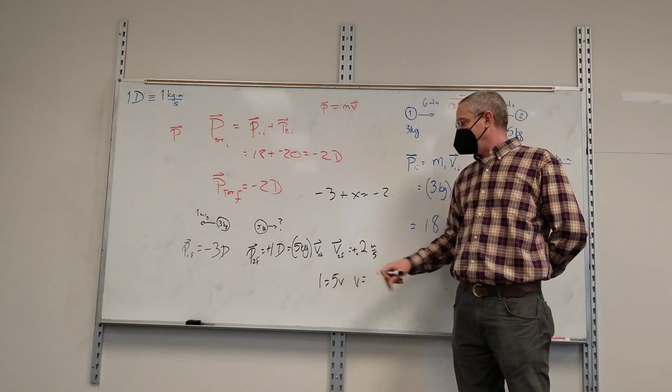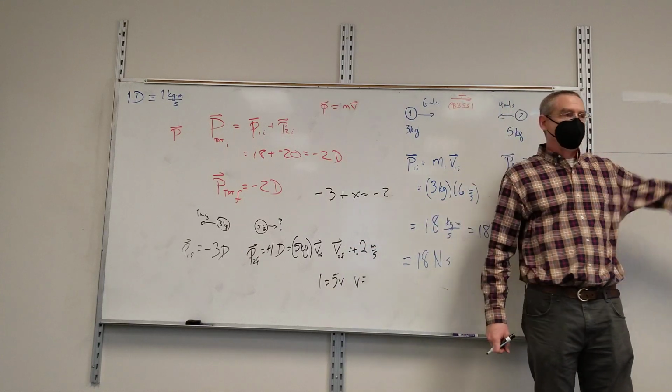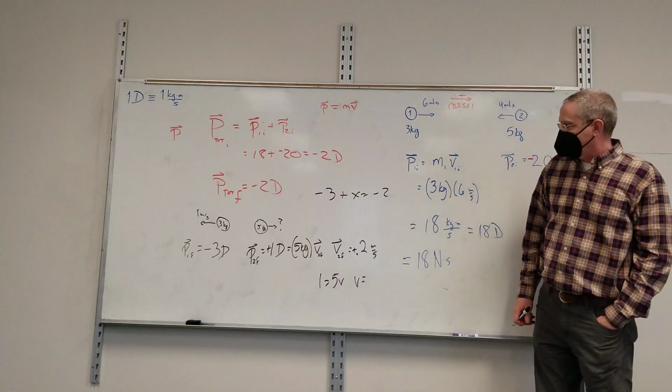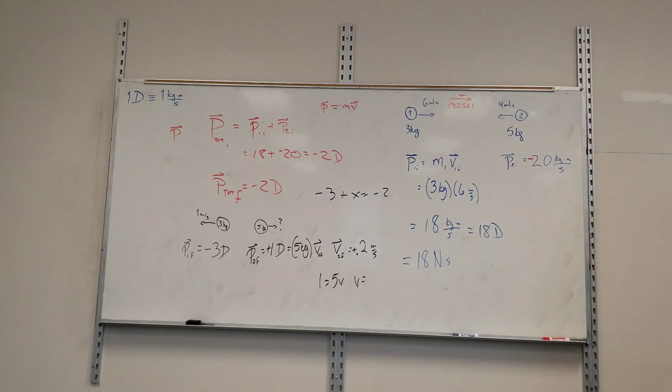It is a positive answer, which means that the 5 kilogram mass is going off to the right at 0.2 meters per second, or 1/5 of a meter per second.